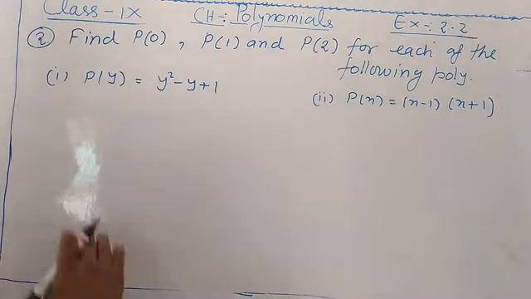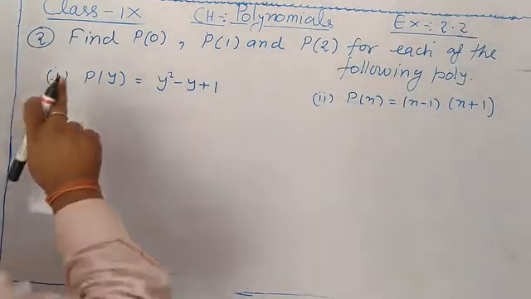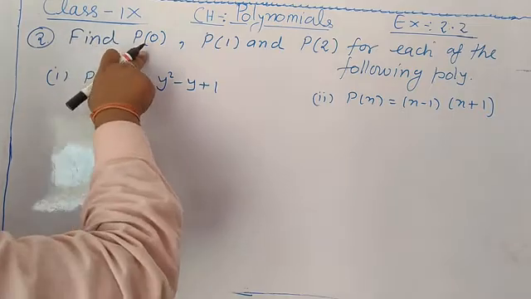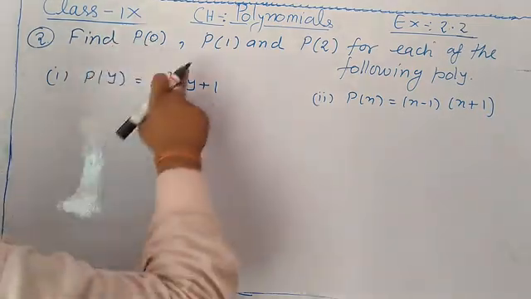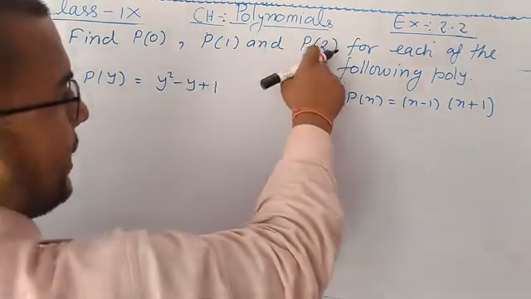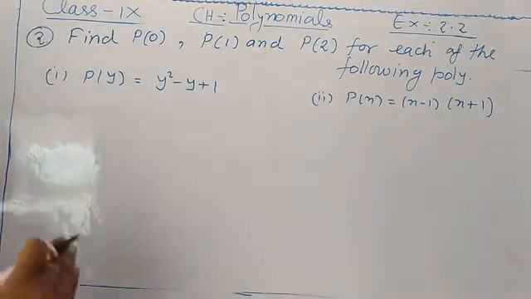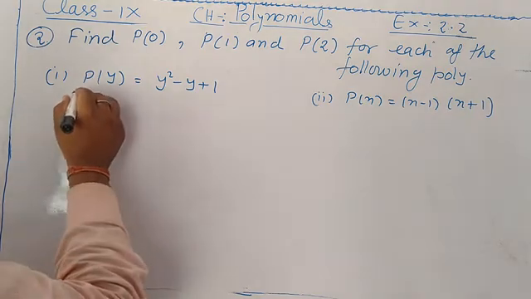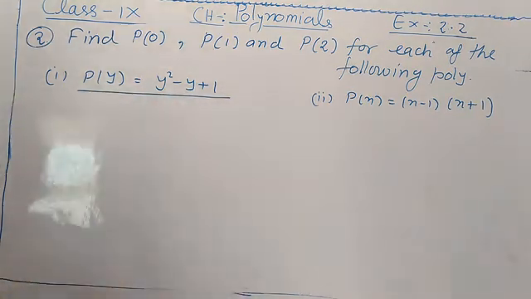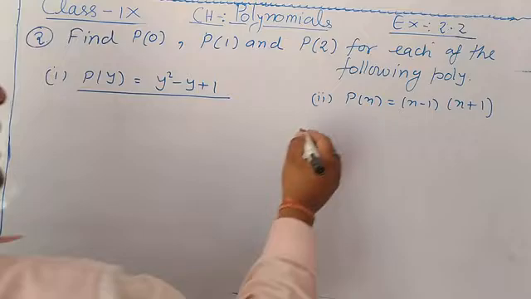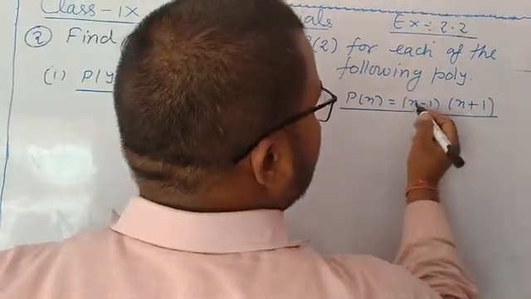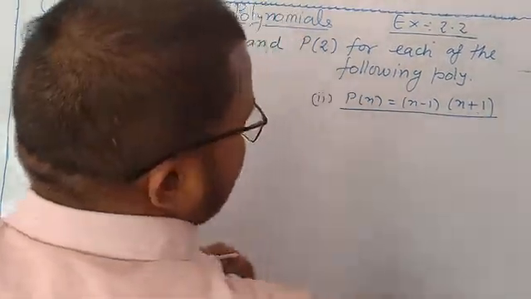Next question, student, question number 2, exercise 2.2: find the value of p(0), p(1) and p(2). The given polynomials are p(y) is equal to y square minus y plus 1 and p(x) is equal to x minus 1 into x plus 1.